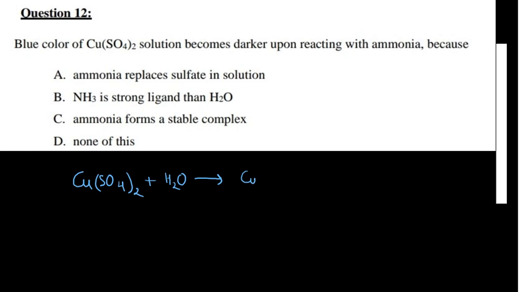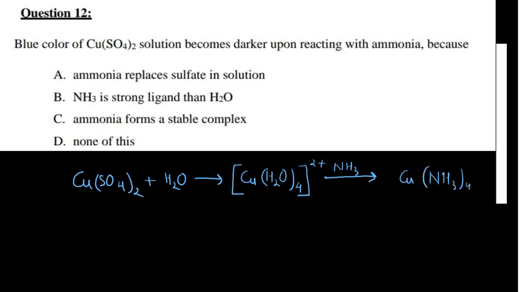it will form Cu(H2O)4, okay, say I'm putting 2 positive over there, assuming that it is in 2 positive, and when it reacts with the ammonia NH3, this complex changes from aqua to the amine complex, Cu(NH3)4 2 positive.